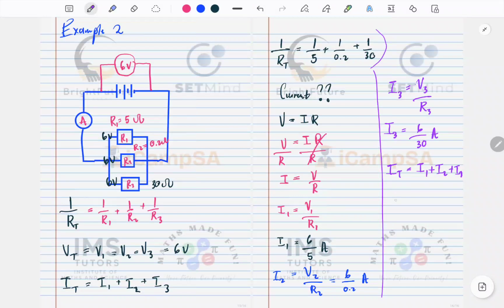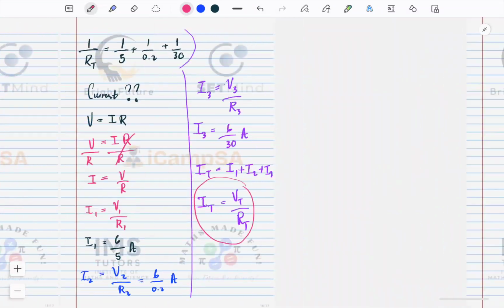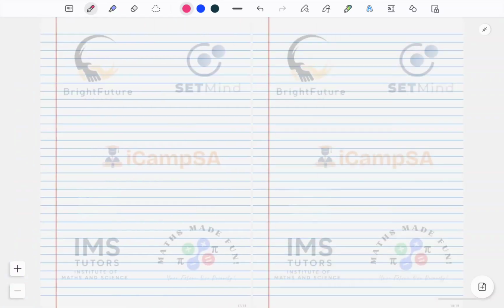What I'm saying is, if you say IT equals VT over RT, you should get the same answer. You should get the same answer between this and this. So I'll leave that to you to test it out. Okay, let me do one last example. Then next time we move to a bit more complex stuff.